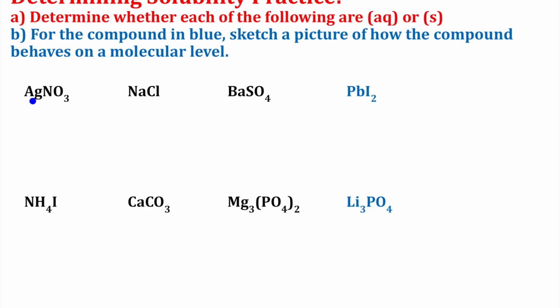Looking at this first one, AgNO3, well, our nitrates are discussed in rule number 3. So in rule 3, it says that chlorates, nitrates, and acetates are soluble. And so because this is soluble, it is going to be aqueous and form a solution.